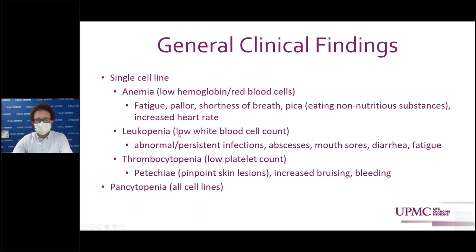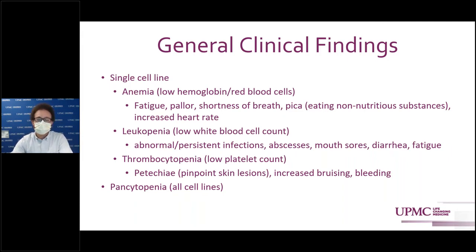Leukopenia is low white blood cell count. So these kids can have abnormal or persistent infections, abscesses, either skin or other places, mouth sores, diarrhea, fatigue, you can see with this. And then thrombocytopenia, which is the low platelet count.